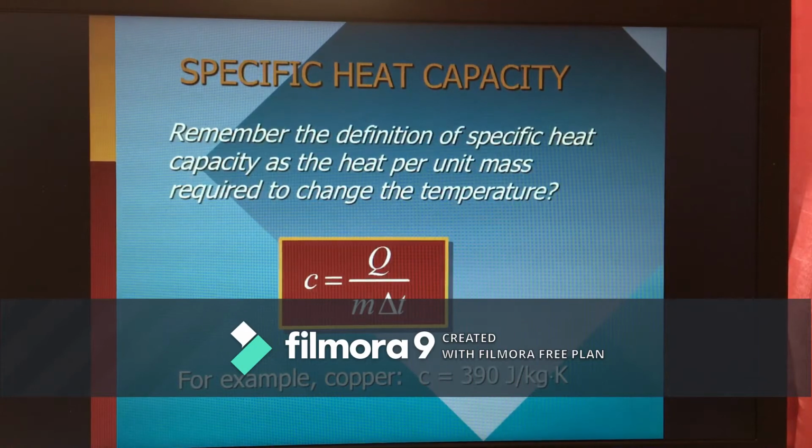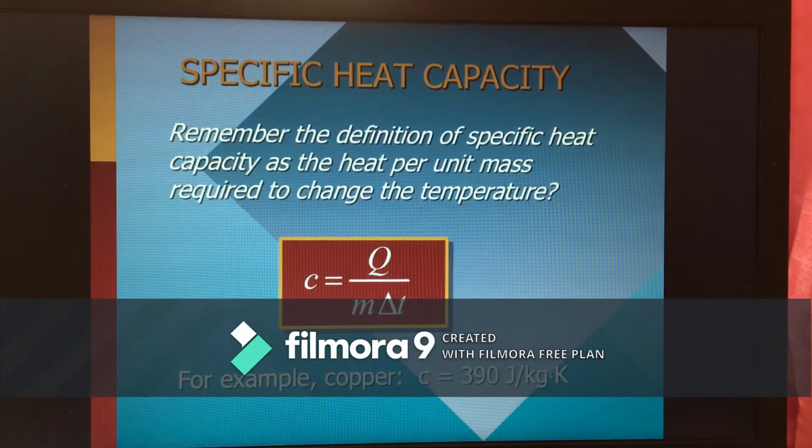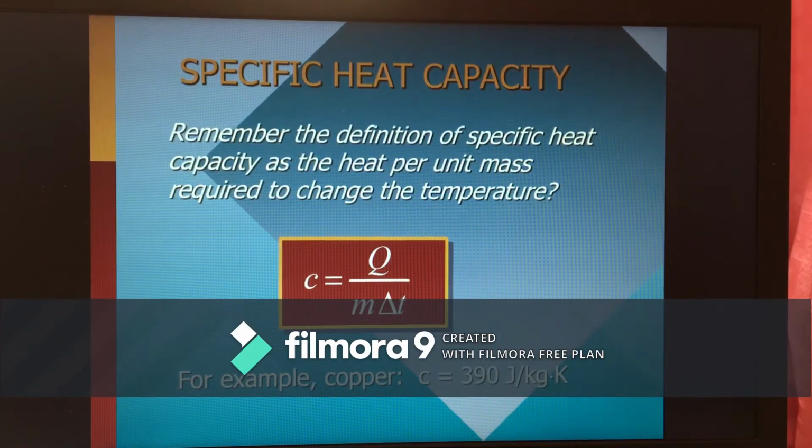For example, copper has a specific heat capacity of 390 joules per kilogram Kelvin.